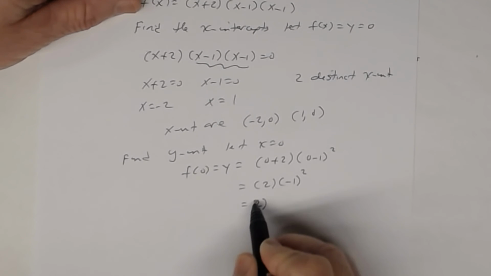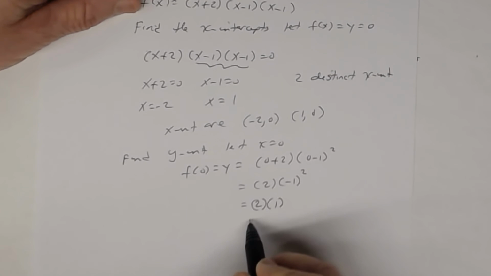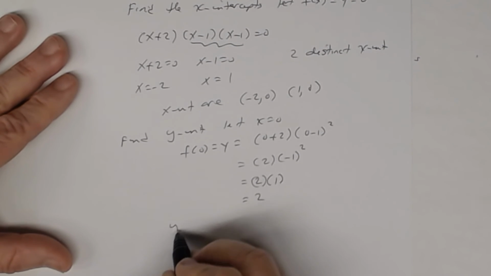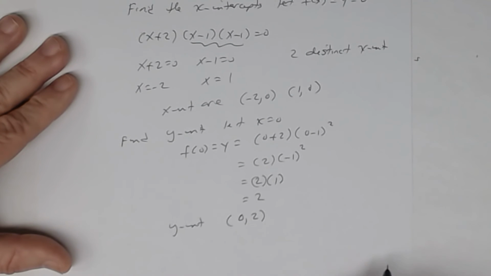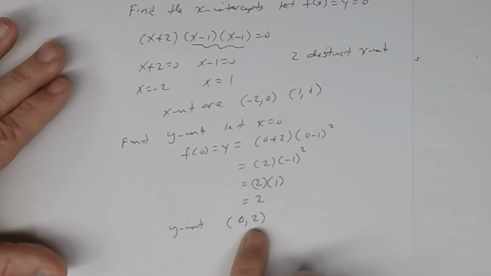So I get 2 times, and a negative 1 times itself is a positive 1, which gives me 2. So my y-intercept is the ordered pair (0, 2). Okay? So I have 2 x-intercepts and then 1 y-intercept.